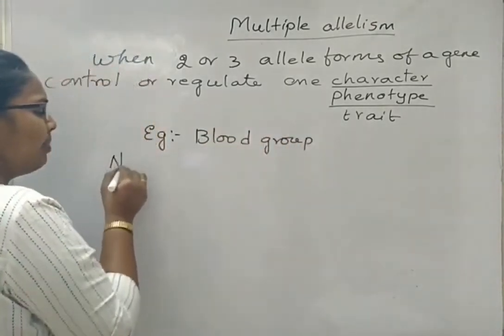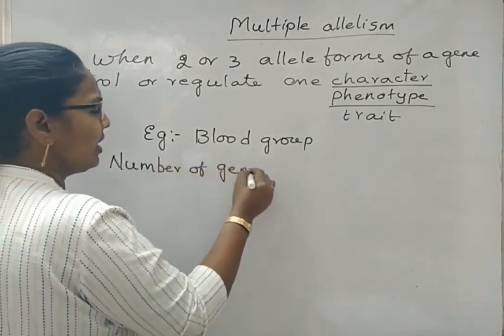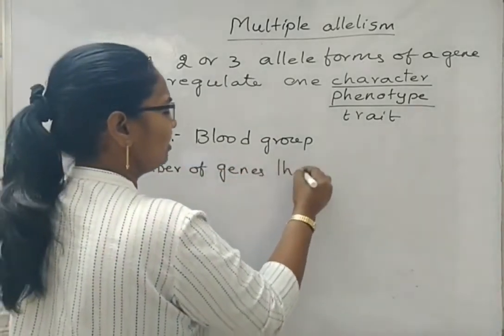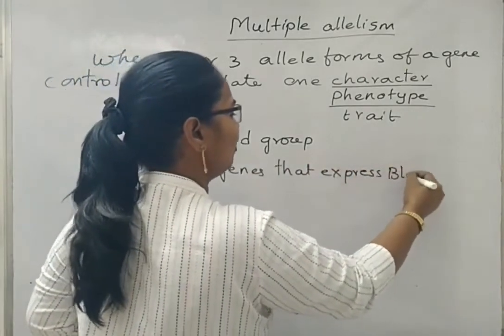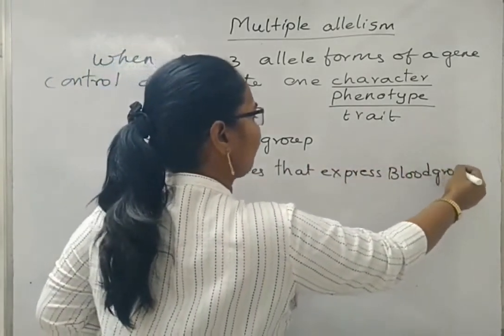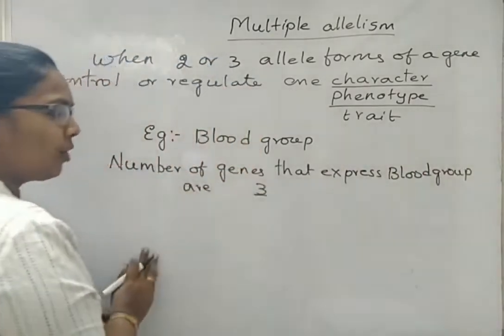Here, the number of genes that express blood group are 3. Then what are they?